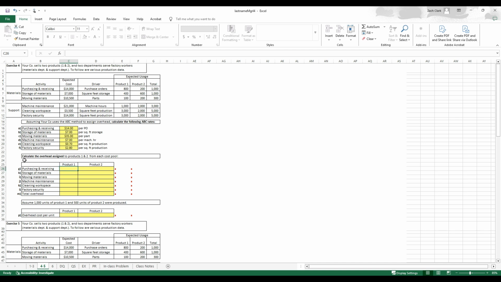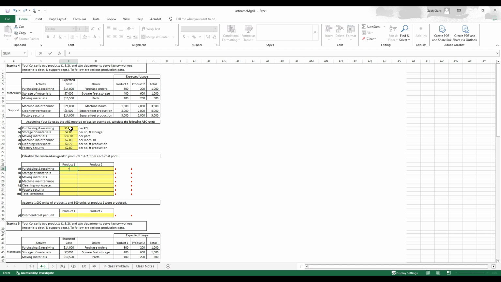Okay, so then we've got to calculate the overhead assigned to each product. So we have the specific overhead rates using the ABC method, and now we're going to split those into product 1 and 2. So you can see here, if we're doing POs, we've got 800, so 14 times 8.